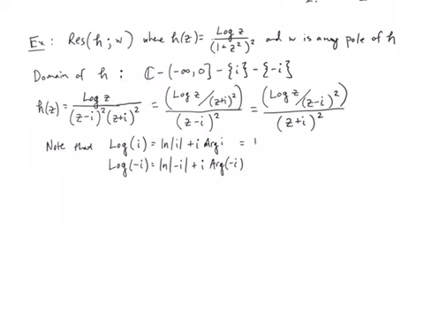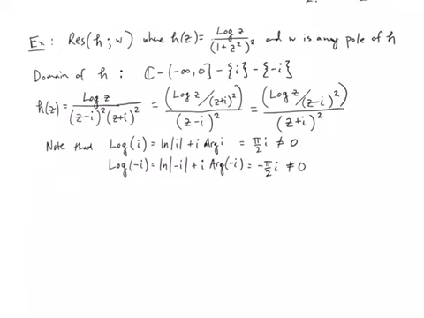So this is pi over 2 times I. And this is 0, and that's ln of 1, 0 plus I times negative pi over 2. So this is negative pi over 2 I. So these aren't 0.